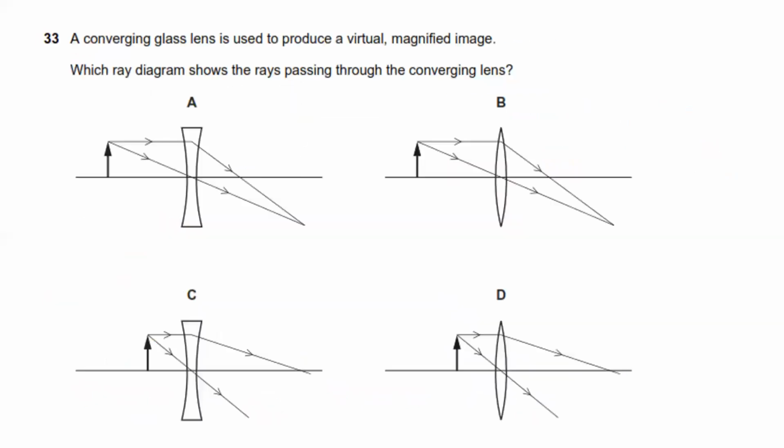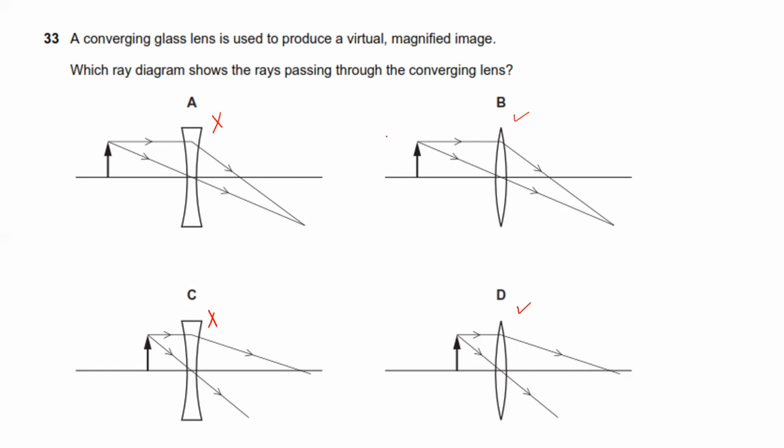Okay, so the next question 33. It says the converging lens is used to produce a virtual magnified image. Which ray diagram shows the rays passing through the converging lens? So remember, this is a diverging lens, this is a converging lens, this is a diverging lens, this is a converging lens.